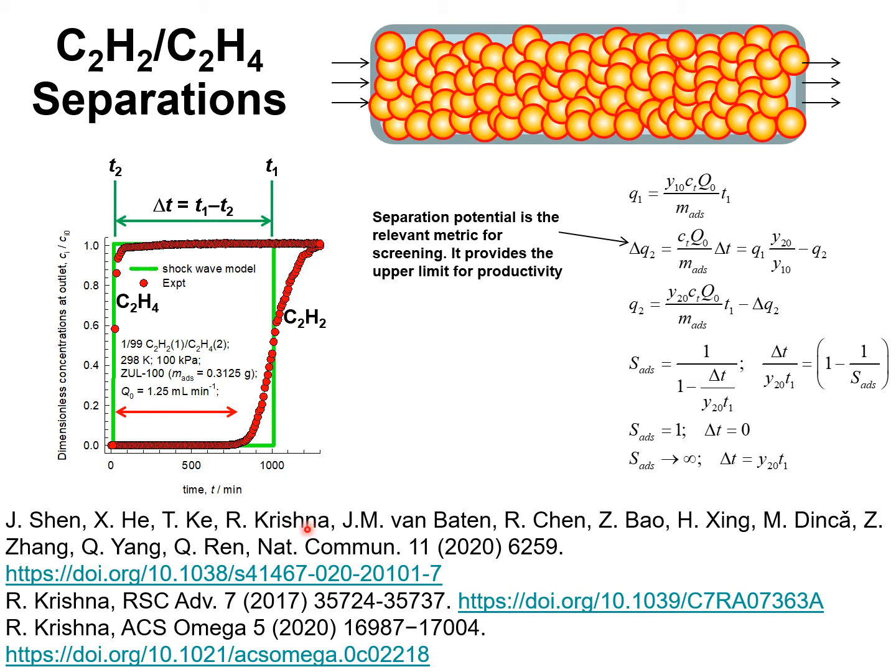So if we are aiming for the highest productivity of C2H4, delta Q2 is the metric we should be looking at.